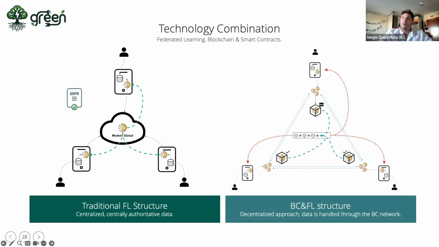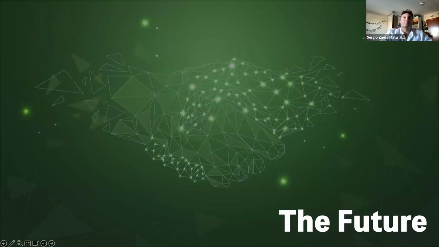With our new approach, it is decentralized: the data and the validation process are done through the nodes of the network. So we can validate, and we can do a few things that are really interesting in the area of the industry.